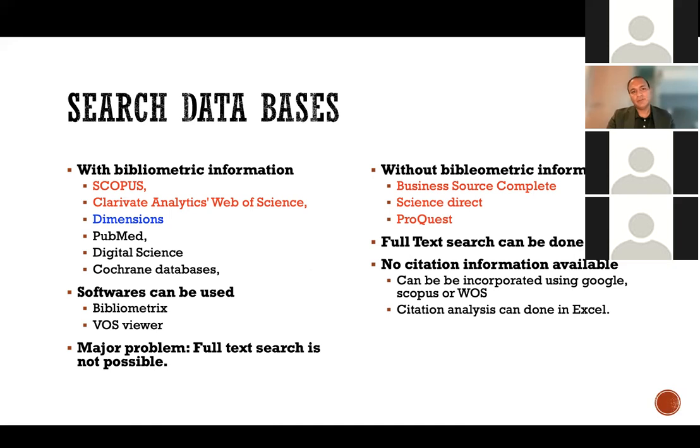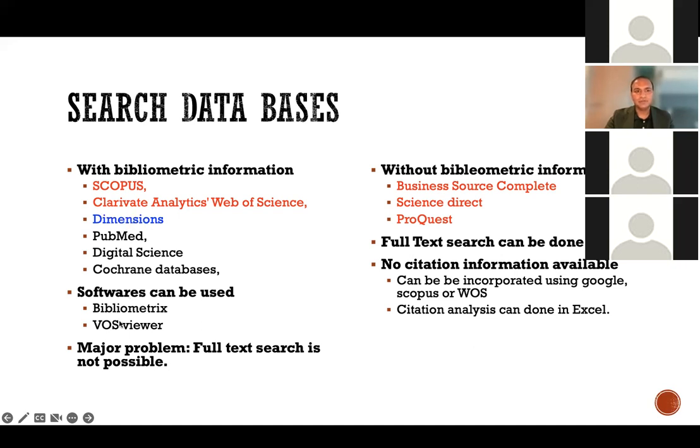Also, one thing I would like to mention is that if you want to use these bibliometric information databases such as Scopus or Web of Science, they are not free of charge. So your institution will have to have a subscription to these databases. Otherwise, you cannot do it. But then I also found that, although I have never worked with Dimensions, Dimensions is free of charge, and you can do the same thing.